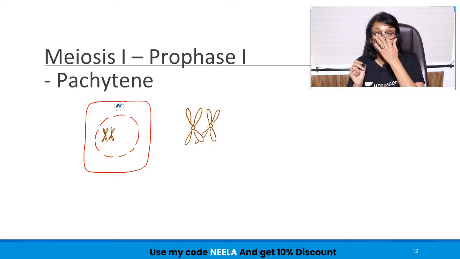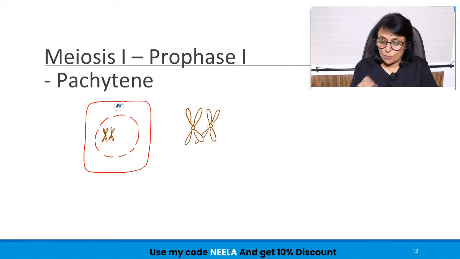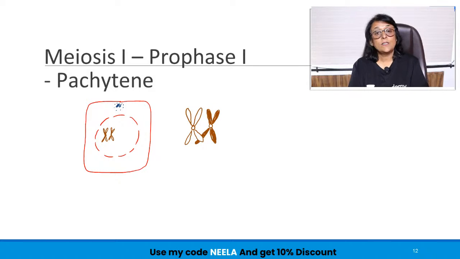To differentiate these 2 chromosomes, I am going to make one chromosome solid and the other chromosome hollow, just for our understanding, because we want to see how crossing over takes place. Are these 2 chromosomes easily distinguishable?